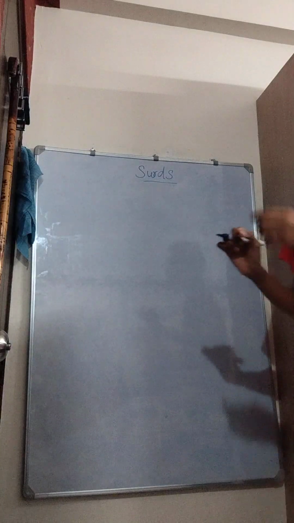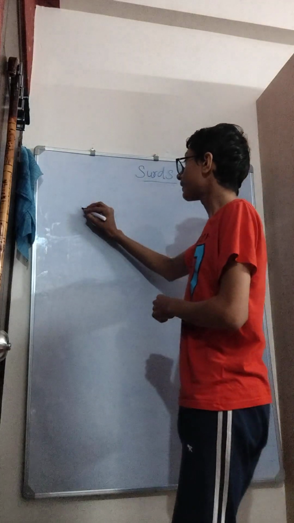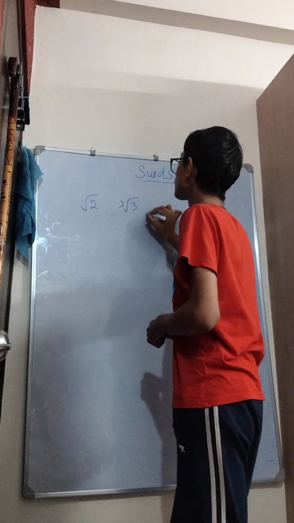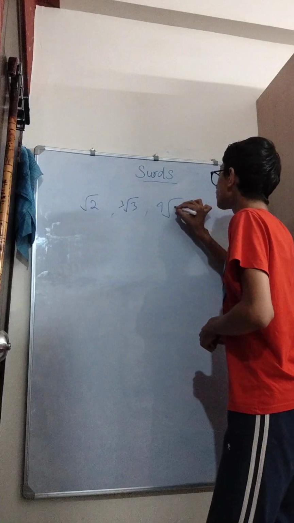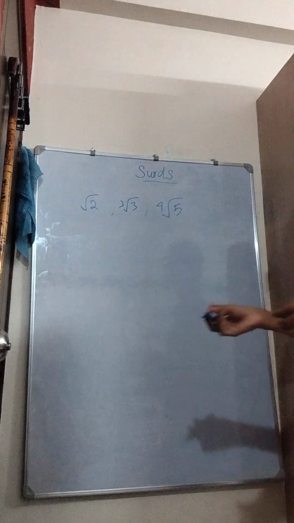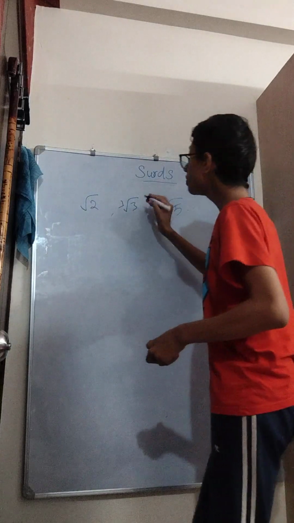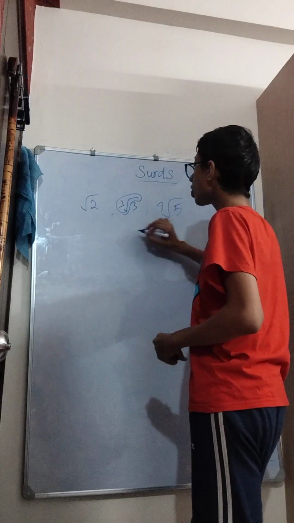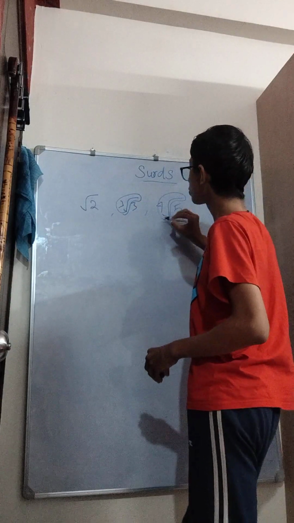A simple surd is a type of surd which consists of a single term. Examples: root 2, cube root of 3, fourth root of 5. We say this is the cube root, and this is the fourth root.